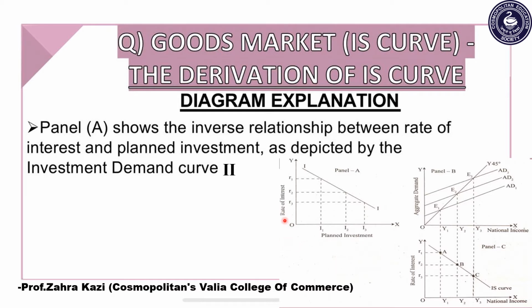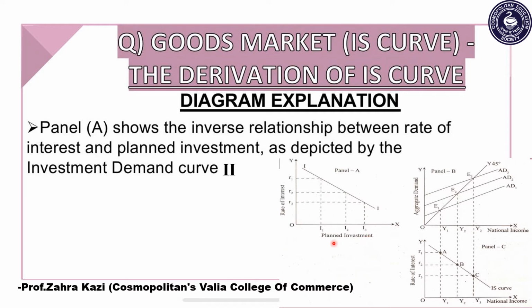For example, look at the diagram carefully. At rate of interest R1, our planned investment is I1. Once the rate of interest falls from R1 to R2, our planned investment increases from I1 to I2. If the rate of interest falls further to R3, the planned investment increases further to I3.